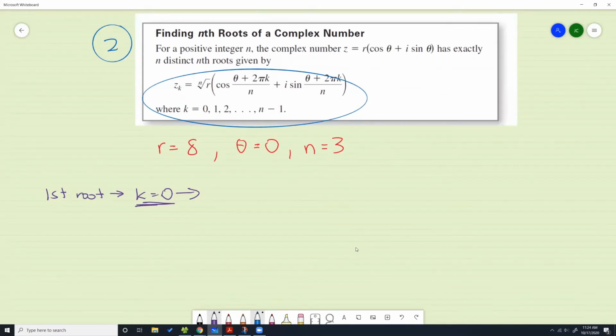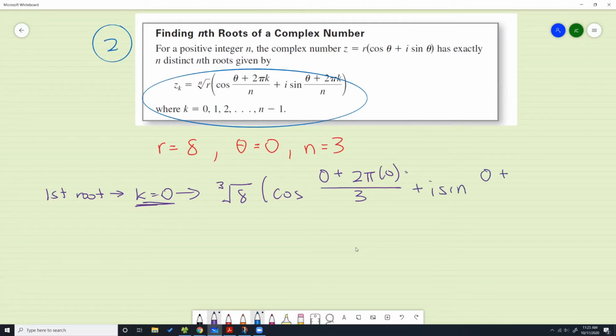So the nth root of r, that's cube root of 8, times cosine of theta, which is 0, plus 2 pi k, which is 0 as well, over 3, plus i sine of theta 0, plus 2 pi times 0 again, over 3. We'll do all the trig work afterwards. I just want to set it up for you right now.